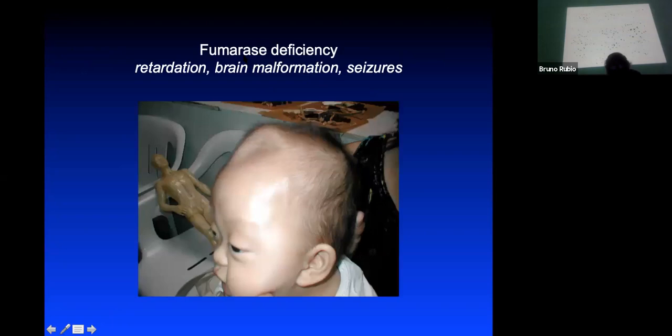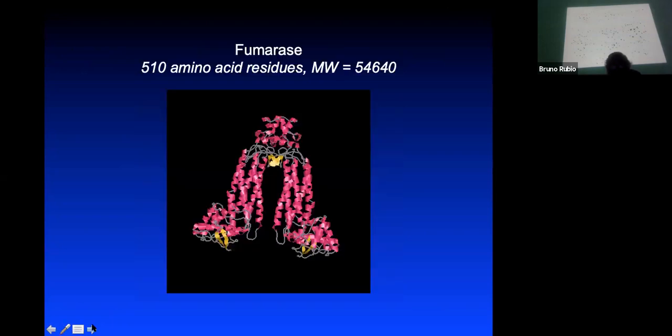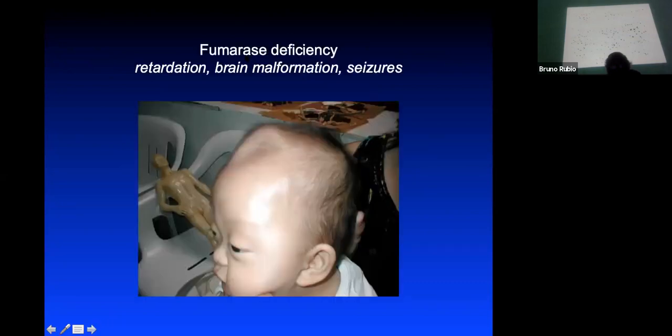And the deficiency of this enzyme, fumarase, leads to retardation, brain malformation, and seizures. I don't know if any of you have a whole lot of experience with young babies, but maybe in this image you can see this huge bump here on this baby's head.